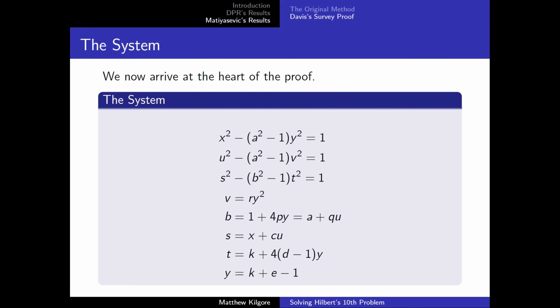With the lemmas out of the way, we can now arrive at the heart of the Davis survey proof.